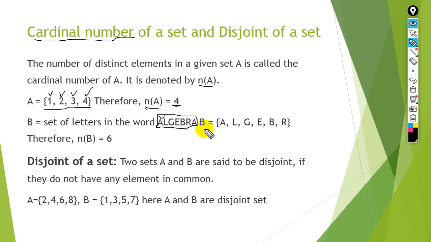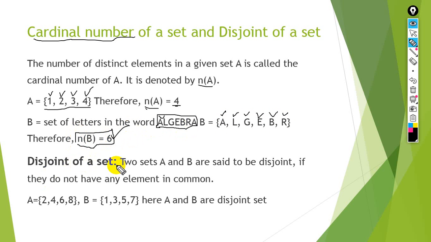The cardinal number of this set is equal to the number of elements or members that the set has. Here B has 6 elements, so the cardinal number of set B is equal to 6. 6 means the number of elements in this.